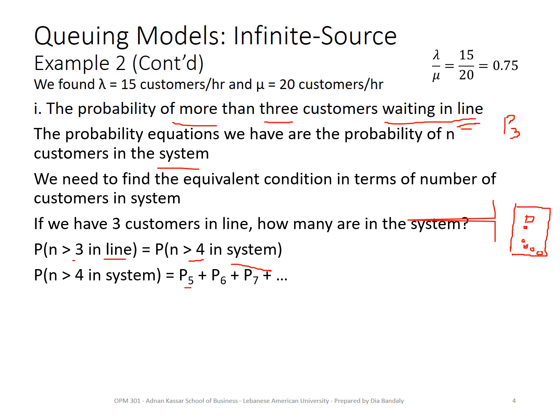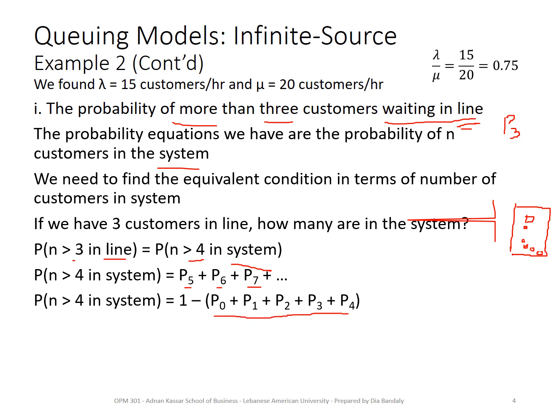So here we have 5, 6, 7, etc. The remaining are what? 4, 3, 2, 1, and 0. And that's why this is equal to 1 minus P0, P1, P2, P3, P4. That's very limited. That's it. I know that I will do only these calculations.